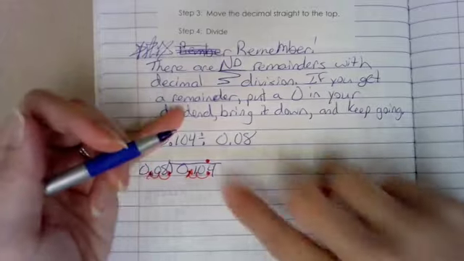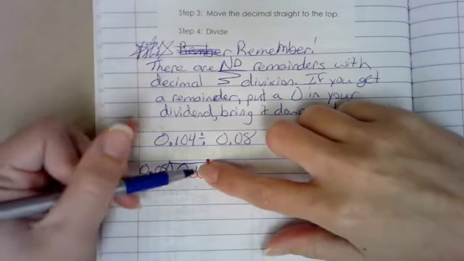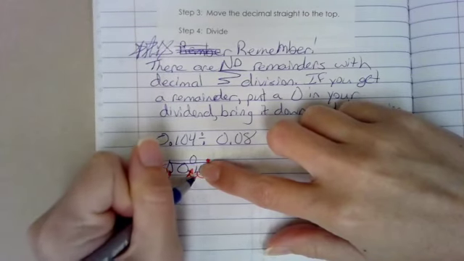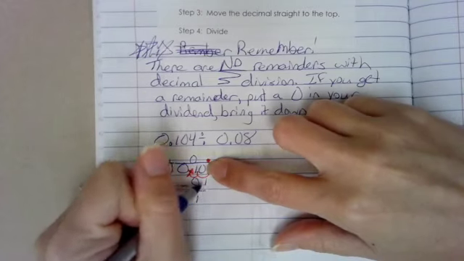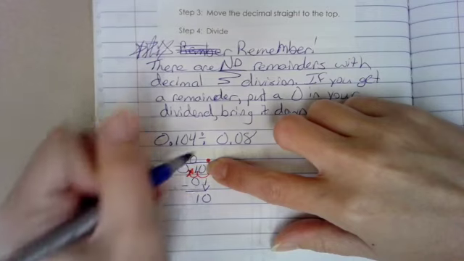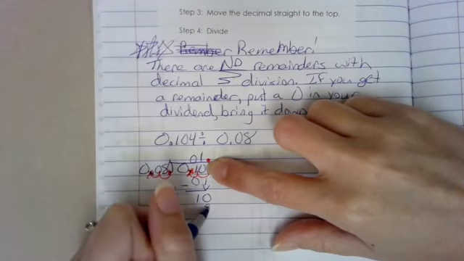Now we divide 1 digit at a time. We're not going to divide by 0. 1 divided by 8, we can't do that. We put a 0 in our quotient. 1 is less, so we bring down our next digit, which is a 0. 10 divided by 8 is 1. 1 times 8 is 8.